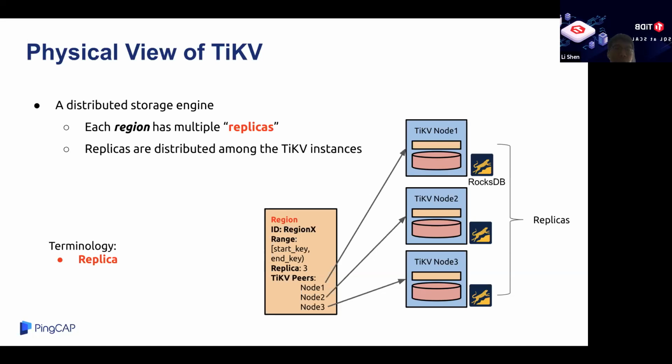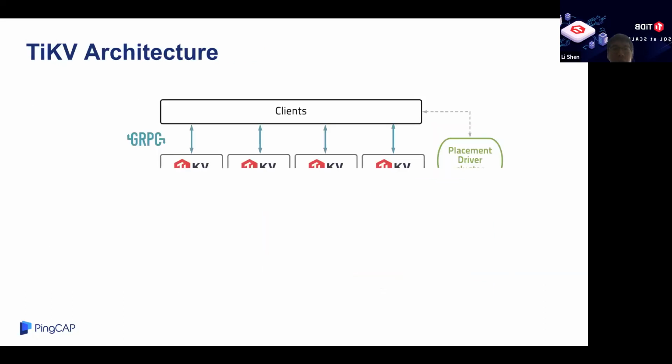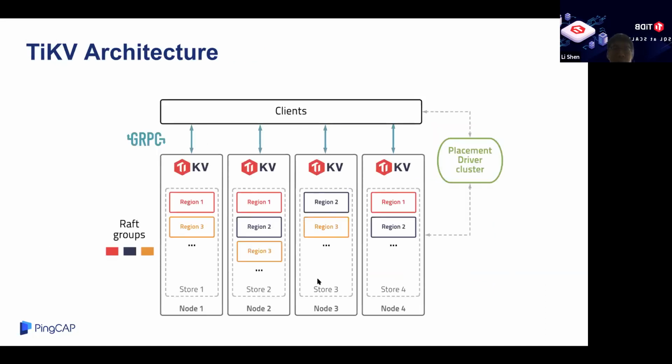So region is a logical concept, and the replica is a physical concept. And this is the architecture of the TiKV cluster, and you can see that for each region we have multiple replicas distributed on different TiKV instances, and the PD cluster will store the region metadata and provide the routing info to the client.